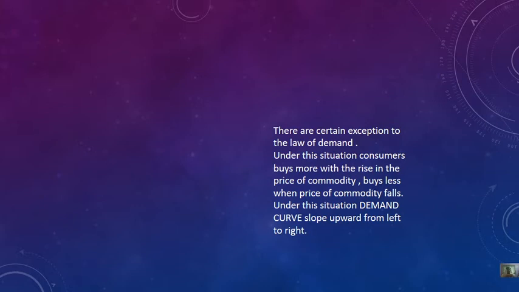Before starting this video lecture, I will just revise what we studied in previous video lectures. In previous videos, we studied demand, concept of demand, individual demand schedule, market demand schedule, individual demand curve, market demand curve, types of demand, determinants of demand, and why the demand curve slopes downward from left to right.